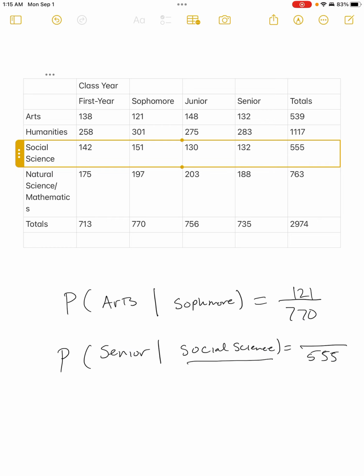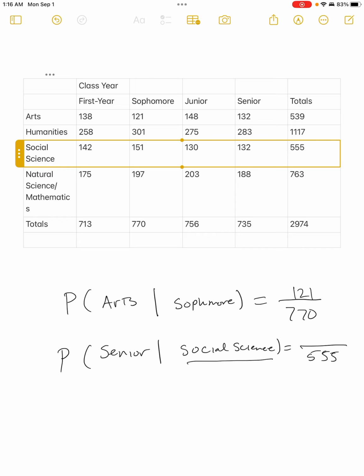So focusing on this row, and that's when it's given in a column and rows like this in a table, we can usually just isolate to a row. We wouldn't be able to do that if it was more complex, but most of the time it is just isolated to a particular row. And then the question is, in that row, in those 555 social science majors, how many are seniors?